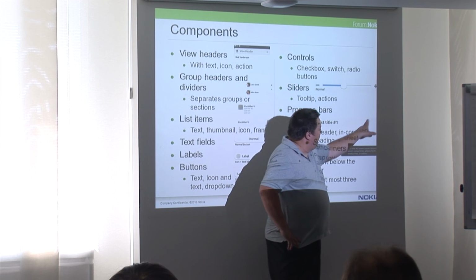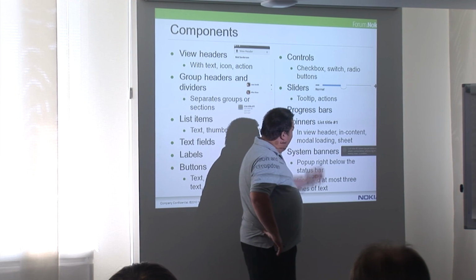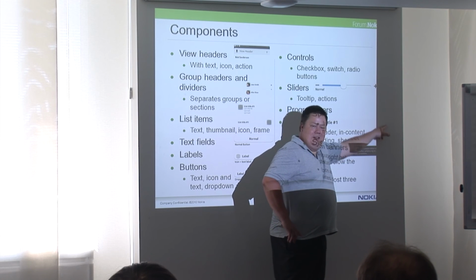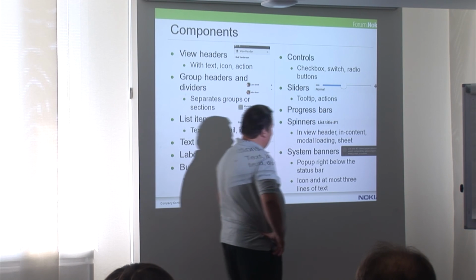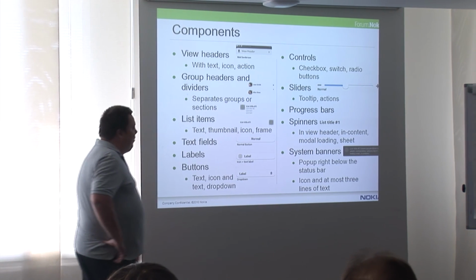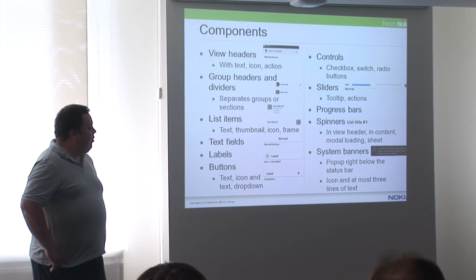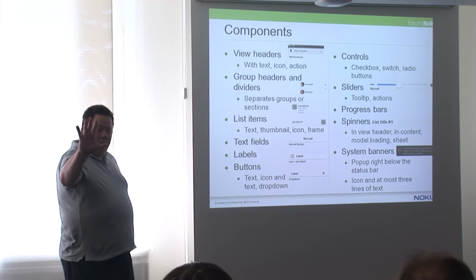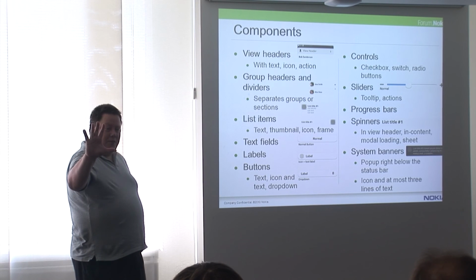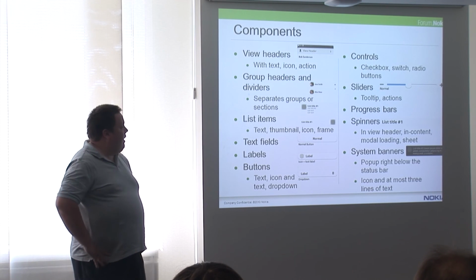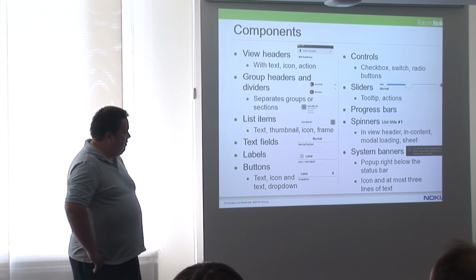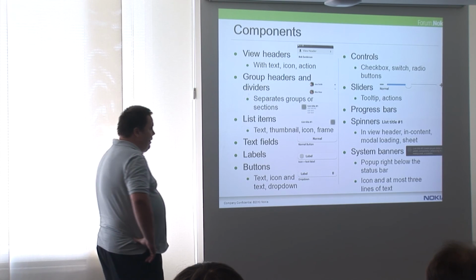So the spinner should be somewhere here, but I guess that now it's somewhere here. So you can put it in content, model loading, so show in the screen. The user can't do anything else but just wait and enjoy the spinner, and then you can put it in the sheet. If, for example, you send a message, you show that it takes some time.